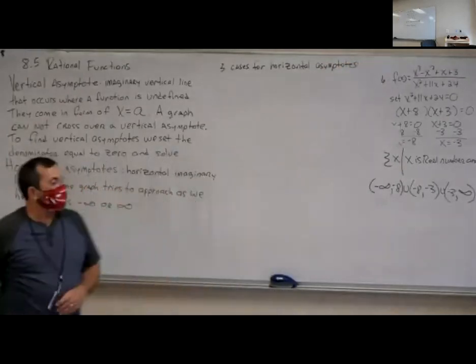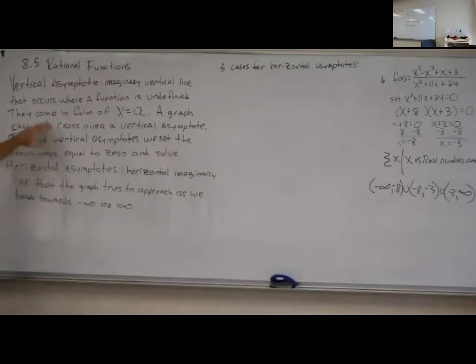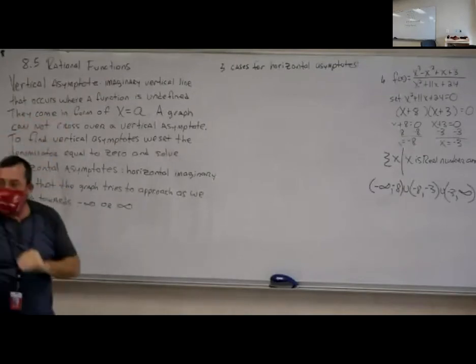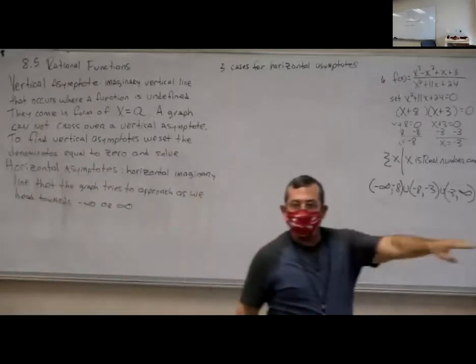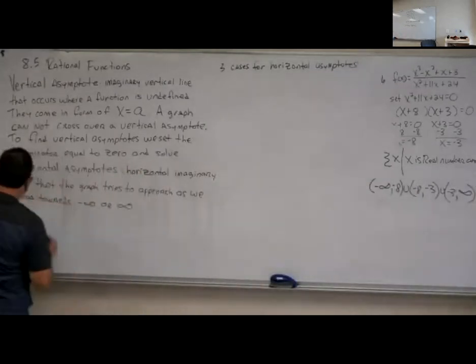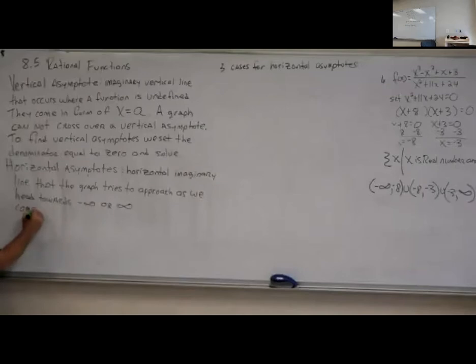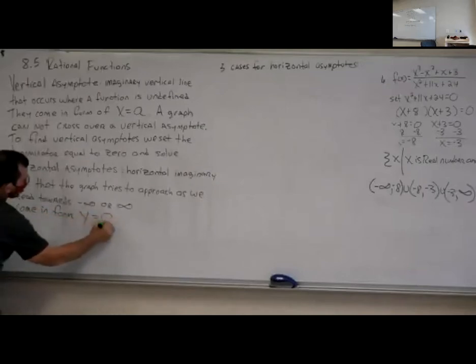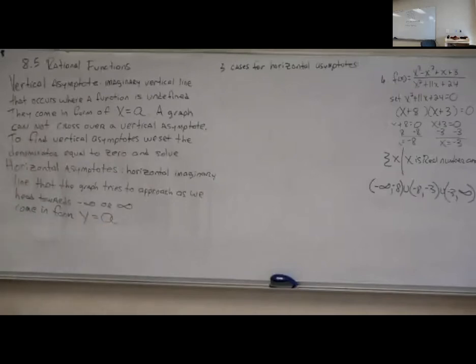Now, verticals were in the form of x equals a number. These horizontals will be y equals a number because it's a horizontal line, okay? I guess we can add that right over here. So these come in the form y equals some number, okay?